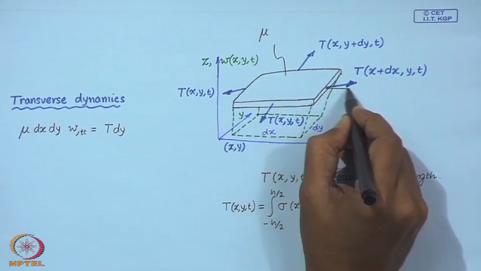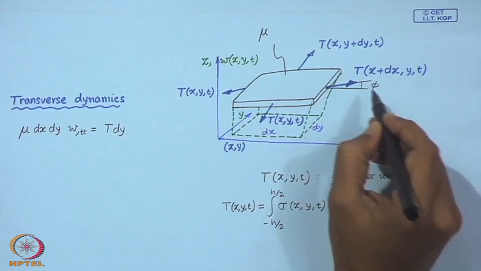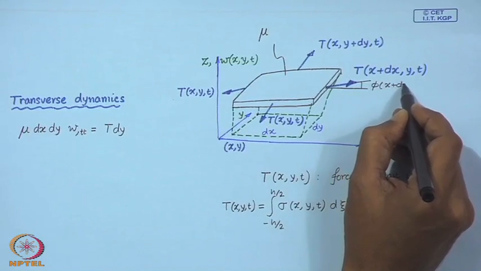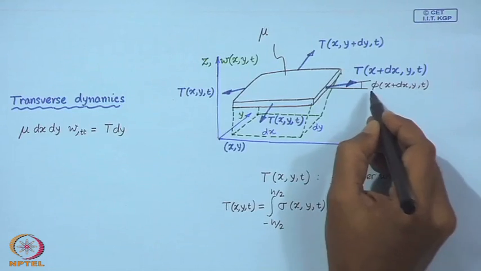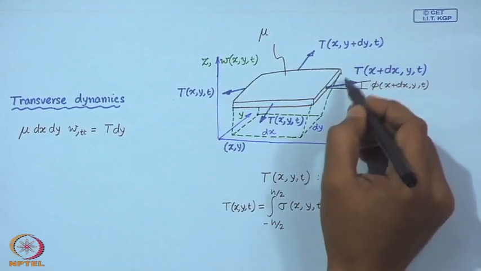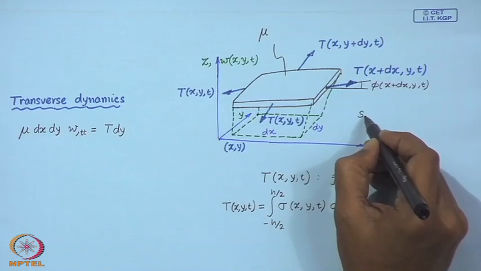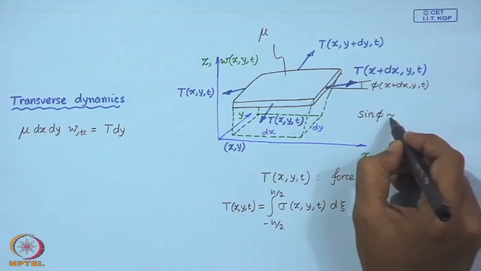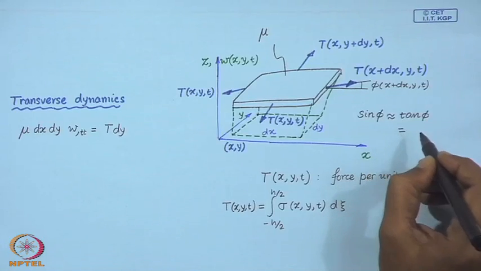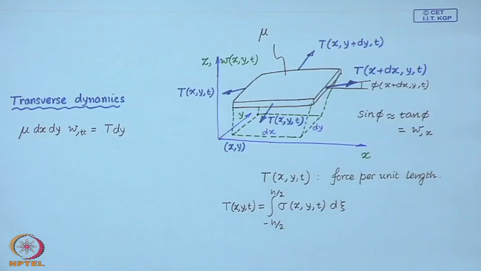So, if this angle is, let us say, phi, then I must take sine of phi to find the component of this force in the transverse direction. Now, sine of phi is approximately equal to tan of phi, and that is equal to del w del x.